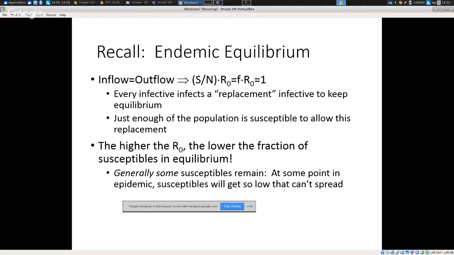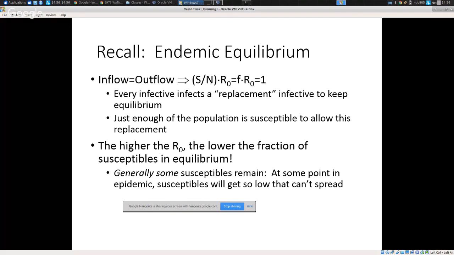If F is the fraction that are susceptible, and we achieve this, we have to vaccinate at least what fraction of the population? At least 1 minus this. This is the fraction that are susceptible, and we're going to immunize everyone else. So at least 1 minus 1 over R0.